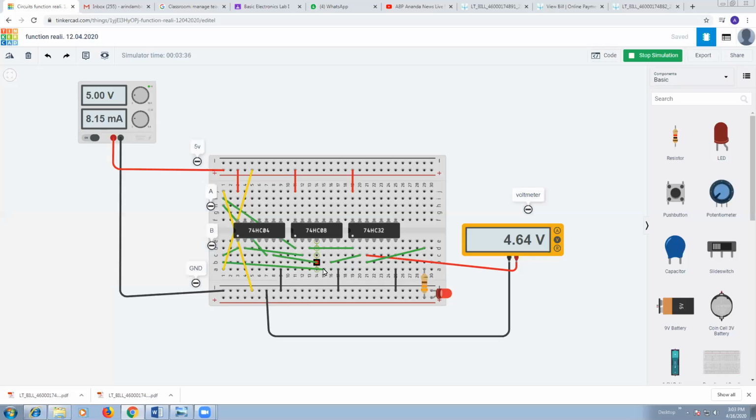Pin number 5 is connected directly with B here, and pin number 4 is connected with pin number 6 of 7404, which is the output of pin number 5 of 7404, and pin number 4 of 7404 is connected with A. So you can see pin number 6 of 7404 is A bar, which is with pin number 4.